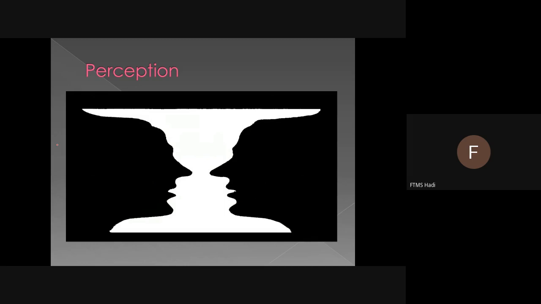Okay, how about this one? What do you see? Two faces. Okay, two faces. Any other interesting things that you see? The white color. It looks like an hourglass, right?